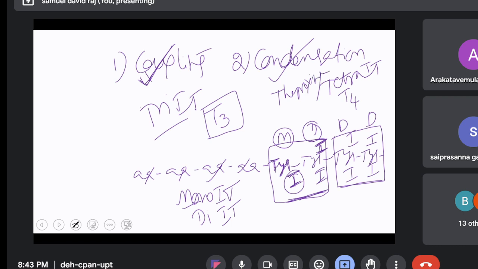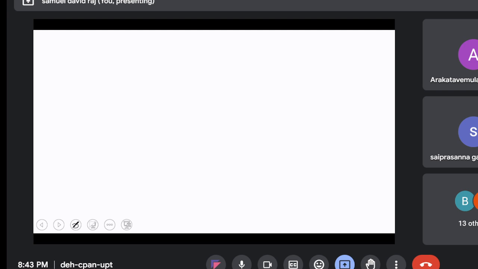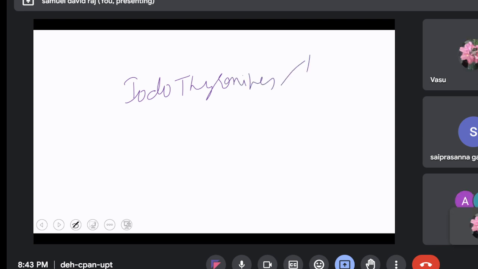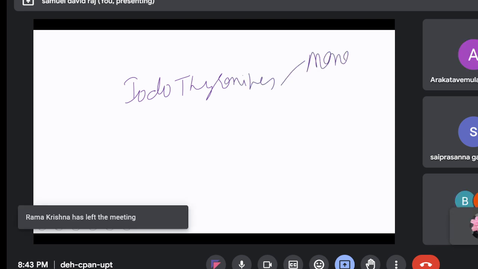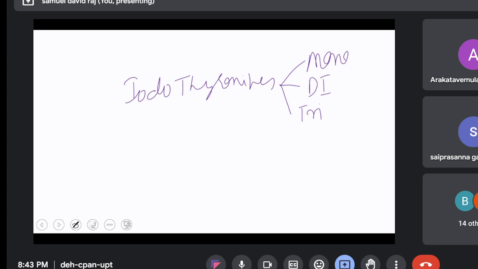Thus, we have 4 different types of iodothyronins being synthesized. One is monoiodothyronin, second diiodothyronin, third triiodothyronin, fourth tetraiodothyronin.